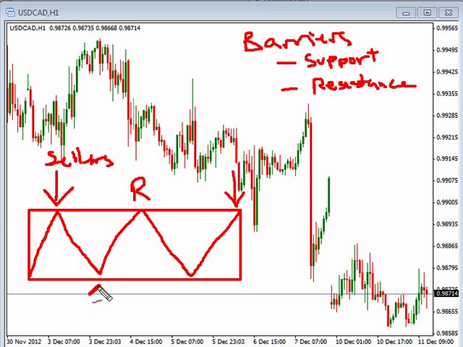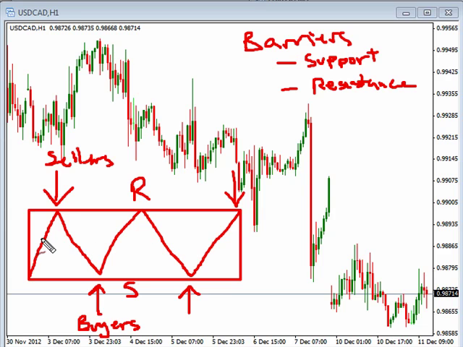Inversely, when we have a barrier at the bottom, we talk about that as support. It's supporting that price from going lower. And we have buyers coming in, causing the price to be held up and moving higher.